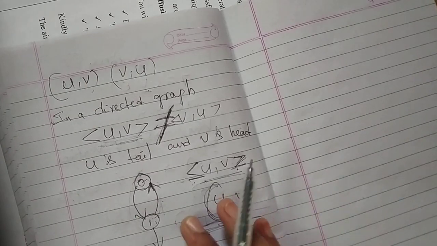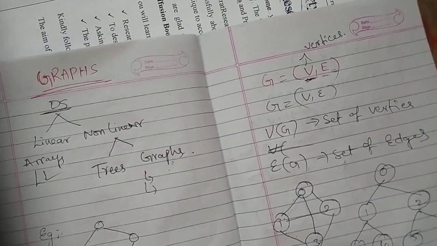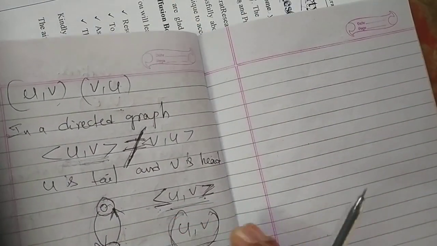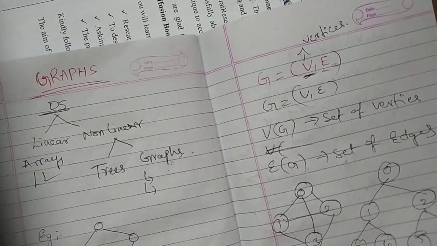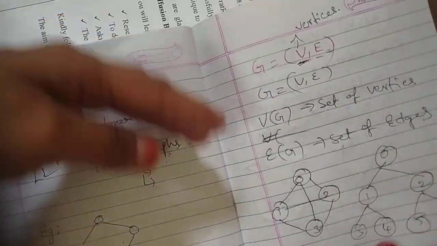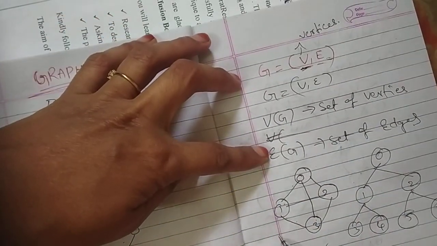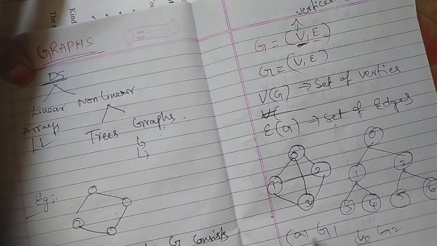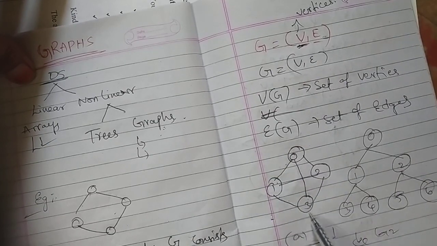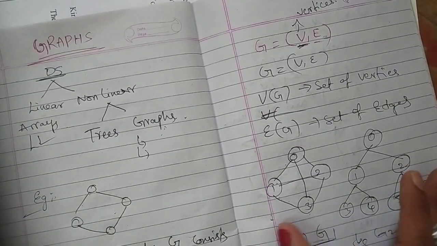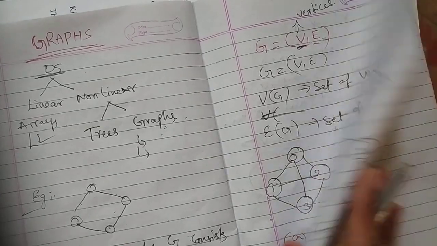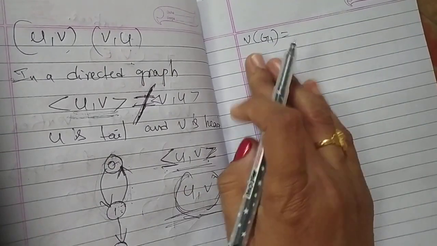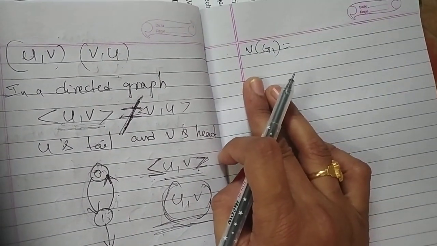We will write examples with all vertices and edges clearly, then this topic will be clear. For example, take this one. For G1, I am writing the vertices: 0, 1, 2, 3. See the arrow marks clearly. V of G1 means what? V means vertices.